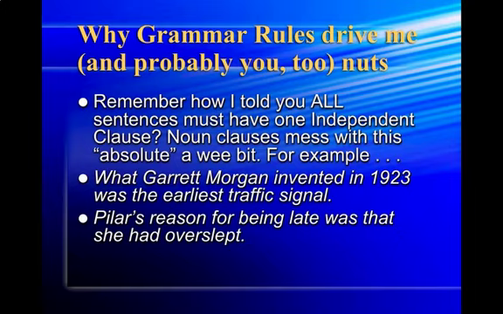Well, a noun clause can be any function. So, the subject of was is what Garrett Morgan invented in 1923. That noun clause is the subject of was. So when you have noun clauses that do that, technically you have two subordinate clauses that connect to make an independent clause.